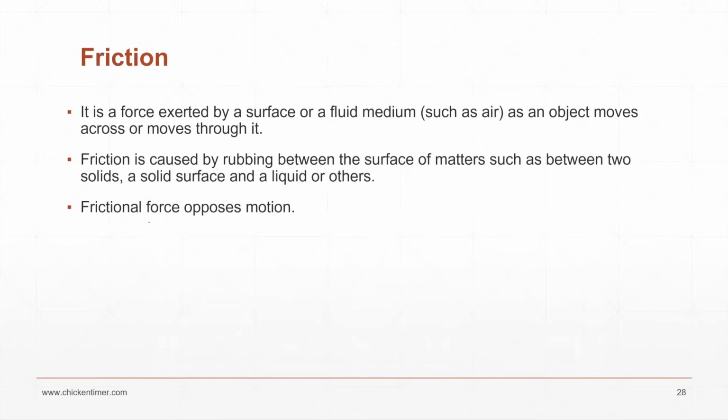Then you have friction. Should I go through this? It's a force that exists when there are two surfaces rubbing each other, then friction will be in between them. So friction opposes motion. Air resistance is also a form of friction.